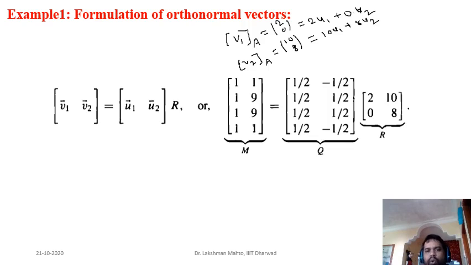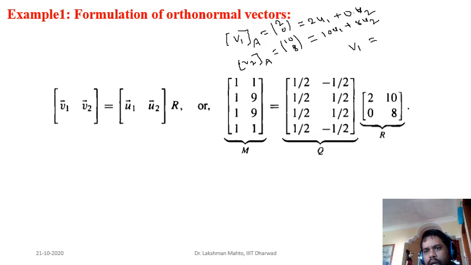If you want to write these two in a systematic way, how can you write this? V1 you are getting as 2 times u1 plus 0 times u2.